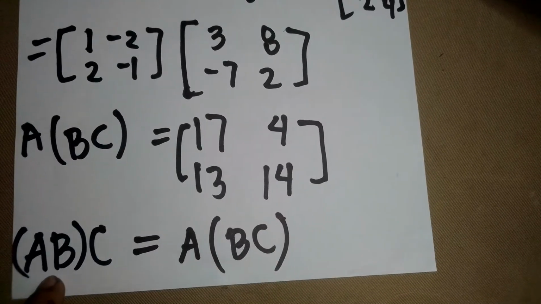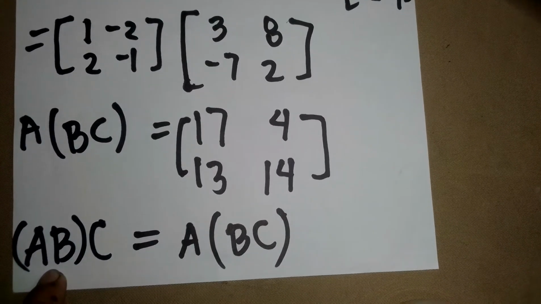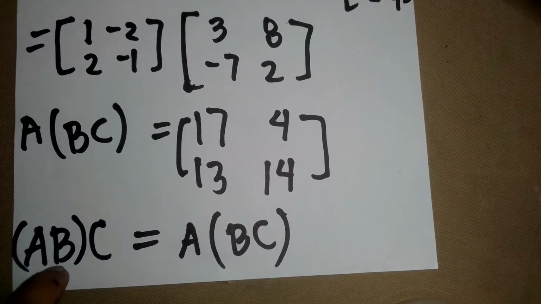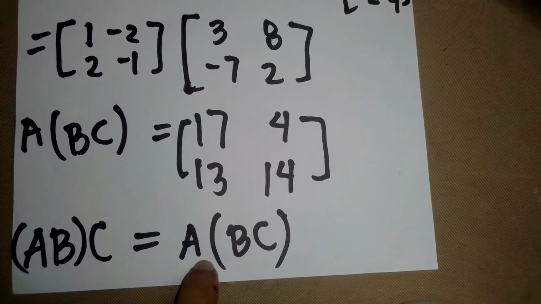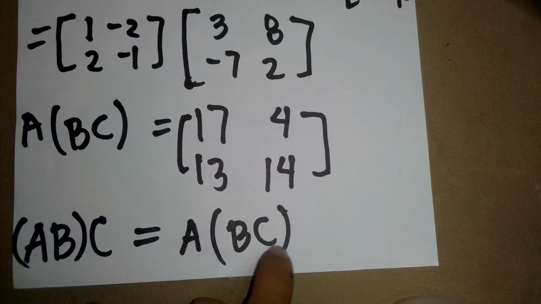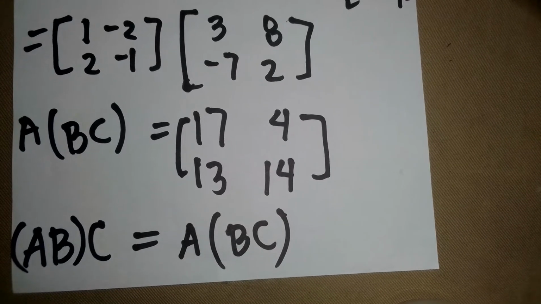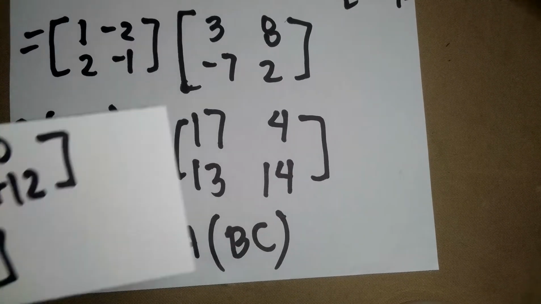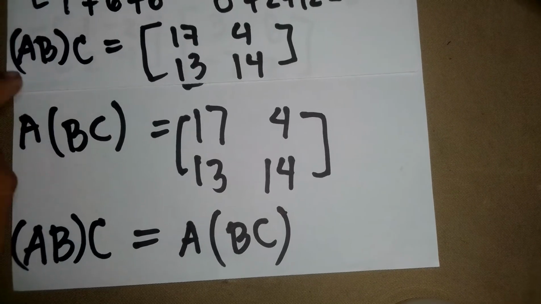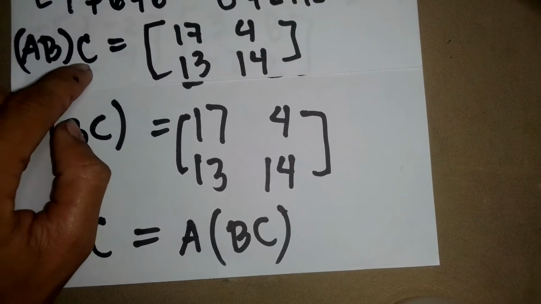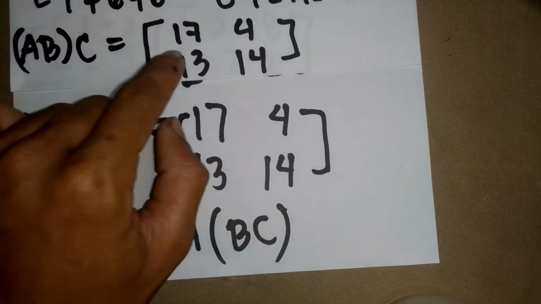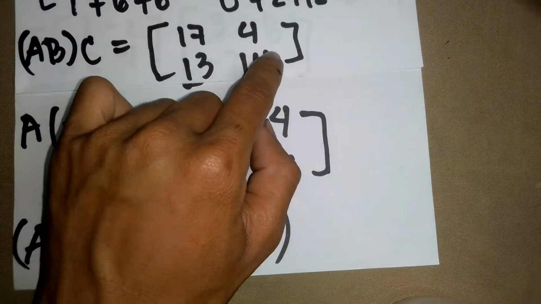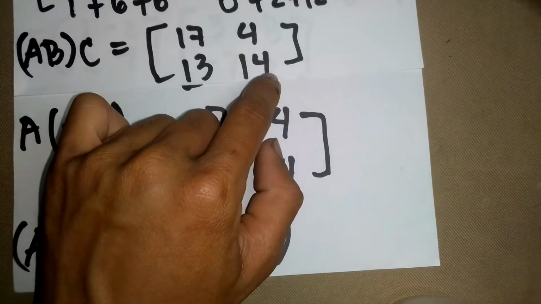We can say that quantity AB multiplied by C is equal to A multiplied by the quantity B and C, because the value of quantity AB multiplied by C is equal to 17, 4, 13, and 14.